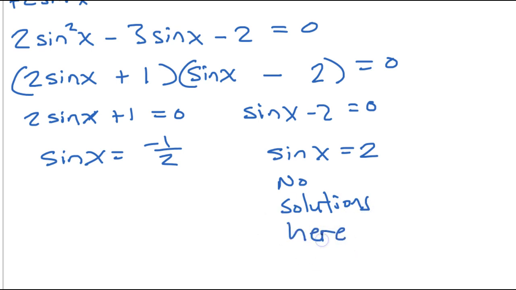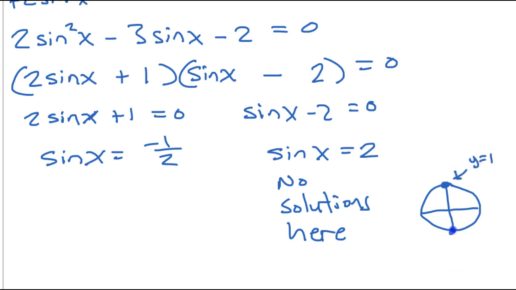The reason I know that is because on the unit circle, sine and cosine are x and y values. Specifically, sine is a y value on the unit circle. The highest y value on the unit circle is 1.